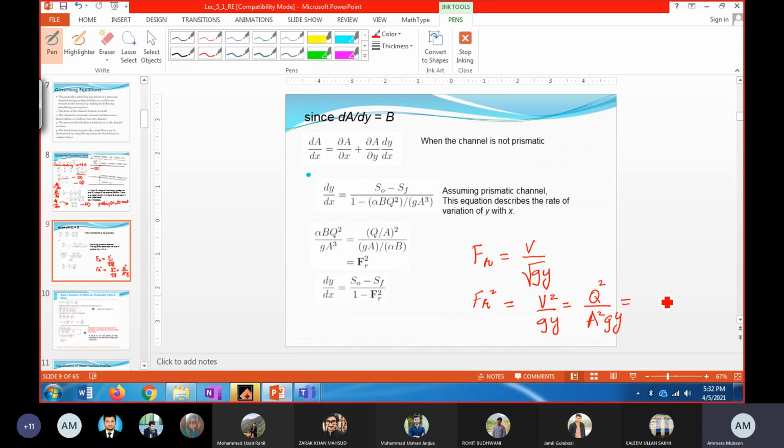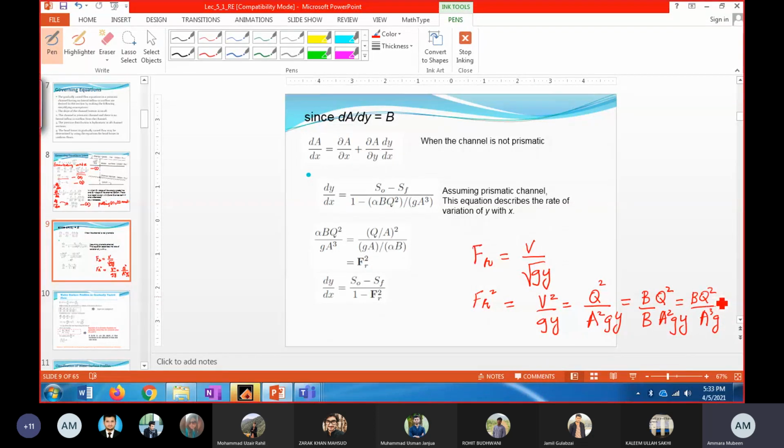Okay. So by multiplying B and dividing by B, okay, now B into Y is actually area. So you can write that BQ square over AQG.